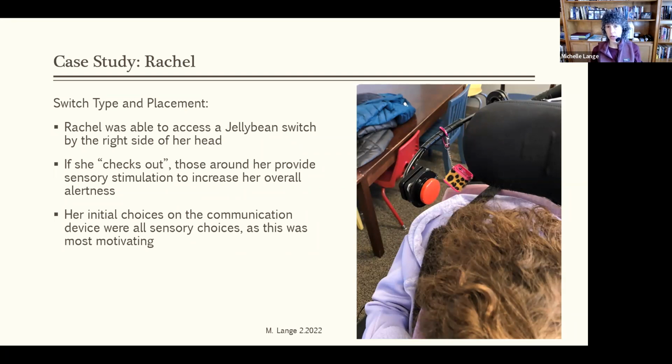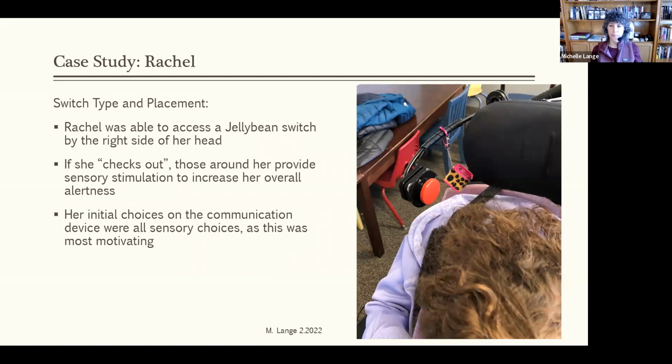And she started eventually making sensory choices so that she could decide what she wanted to engage with at that time. And that was really our goal, so that she could start realizing, right now, this sensory input is what I need to be more engaged and aroused. And that worked very well for her.